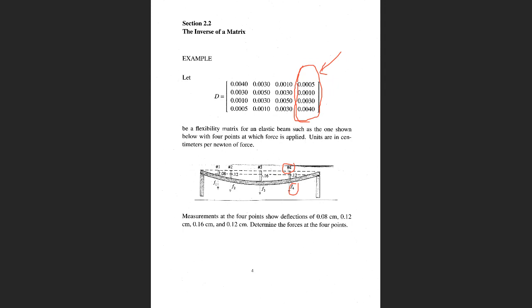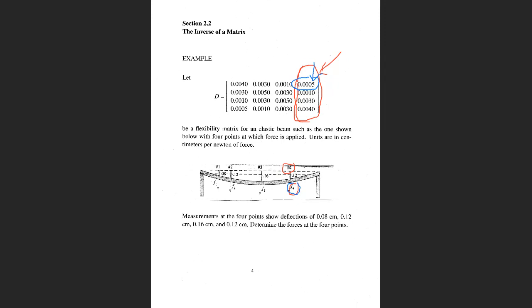Point 1 is farthest away from where the force is applied at point 4. So the beam deflection due to a unit force would be smallest at point 1.